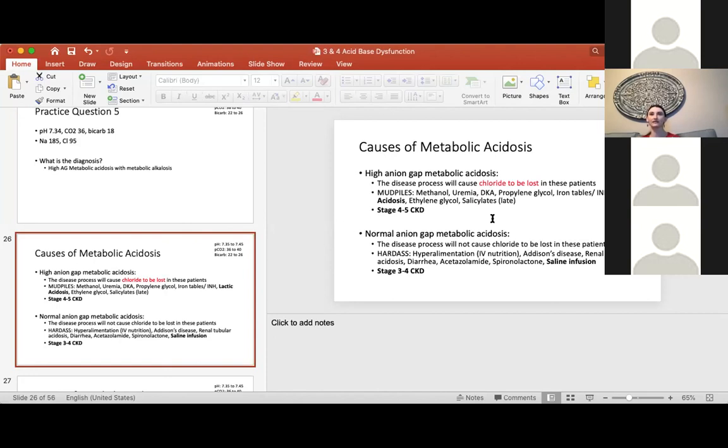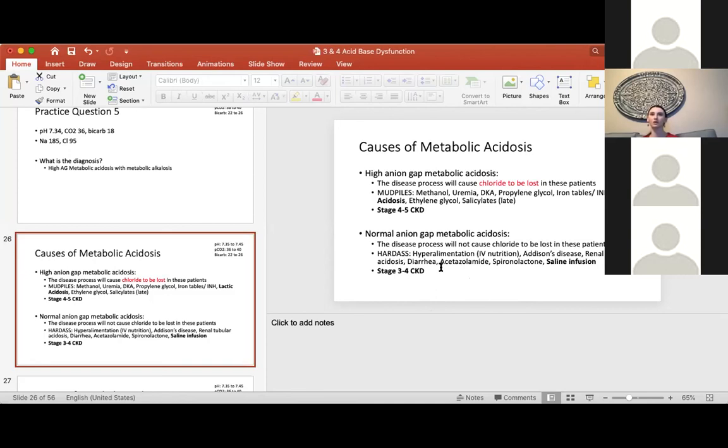Salicylates is late in it, so lots of aspirin. And uremia, they'll have stage 4 to 5 CKD, and we'll talk about staging later in this block, or maybe the third block. So pretty bad kidneys. Moderate kidney badness is going to be normal anion gap, or NAGMA.